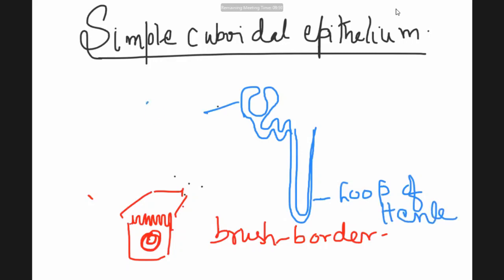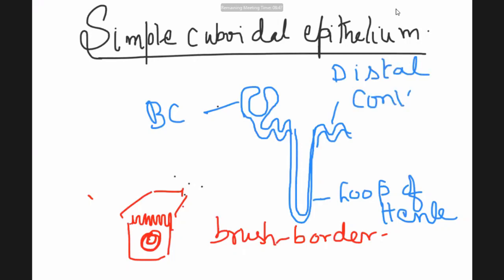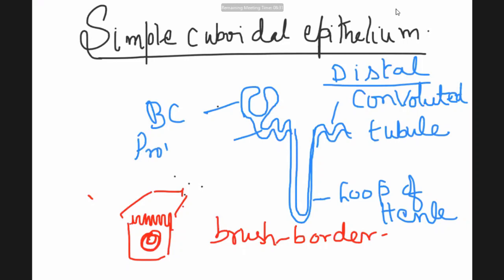This is Bowman's capsule. Then again it is folded like this. This is called the distal convoluted tubule. Convoluted means folded. Tubule means microscopic tube. Distal means far, proximal means near.